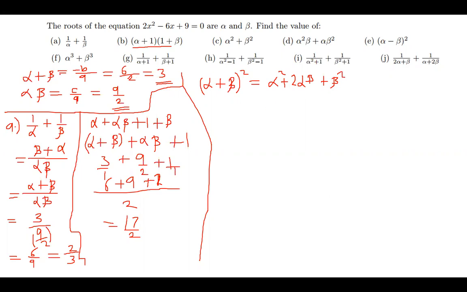So we want to get some things which look like this. We already have alpha and beta there, and we also have to find something which looks like one of these. Then we have alpha times beta there.